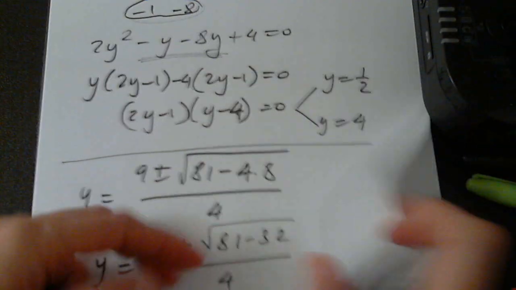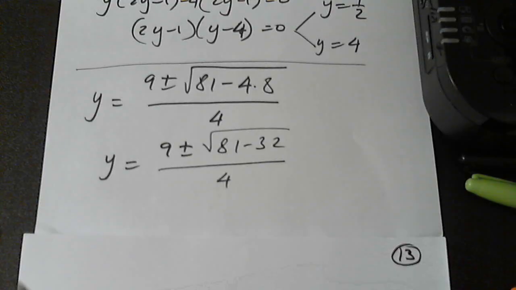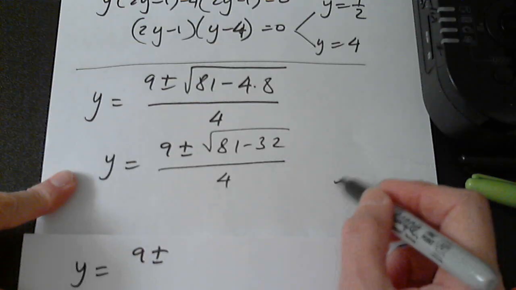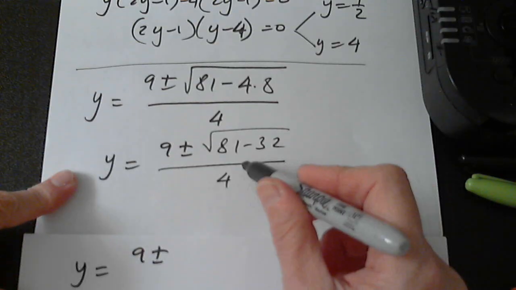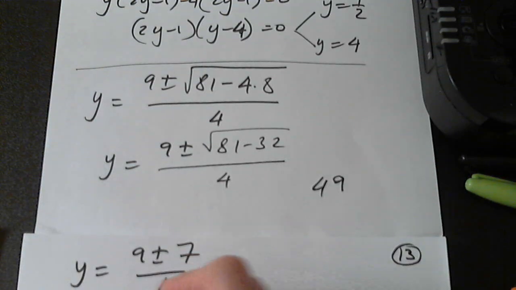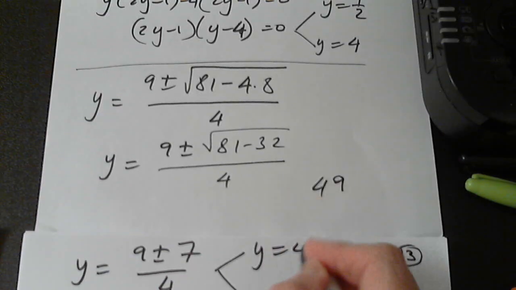So y equals 9 plus or minus, 81 minus 32 is 49, so the square root of 49 is 7, divided by 4. So then we have two options. 9 plus 7 is 16, divided by 4 is 4. 9 minus 7 is 2, divided by 4, and we get 1/2.